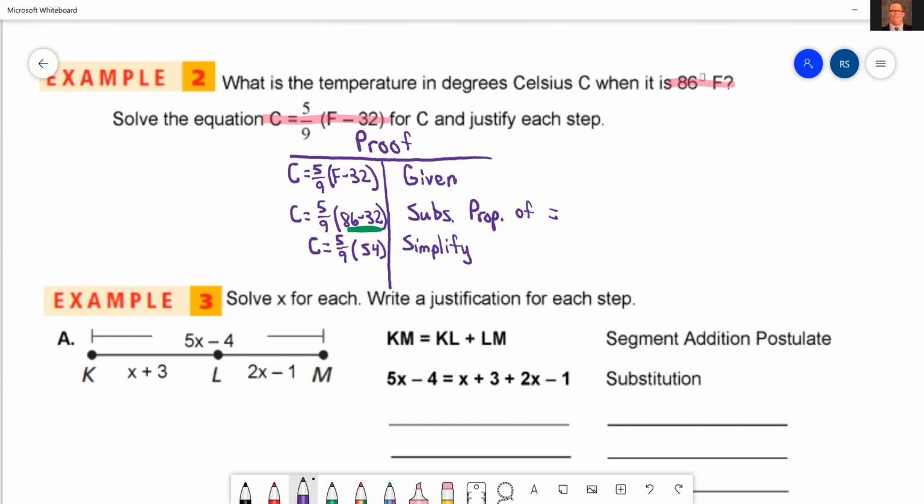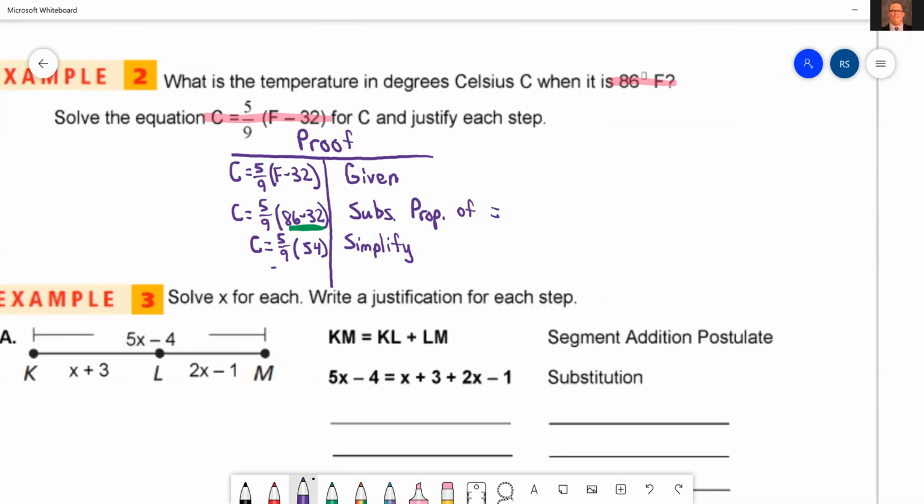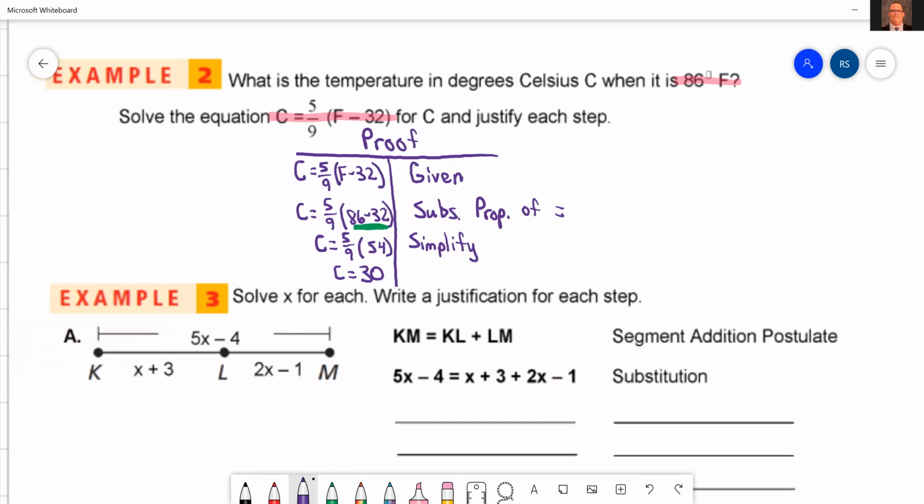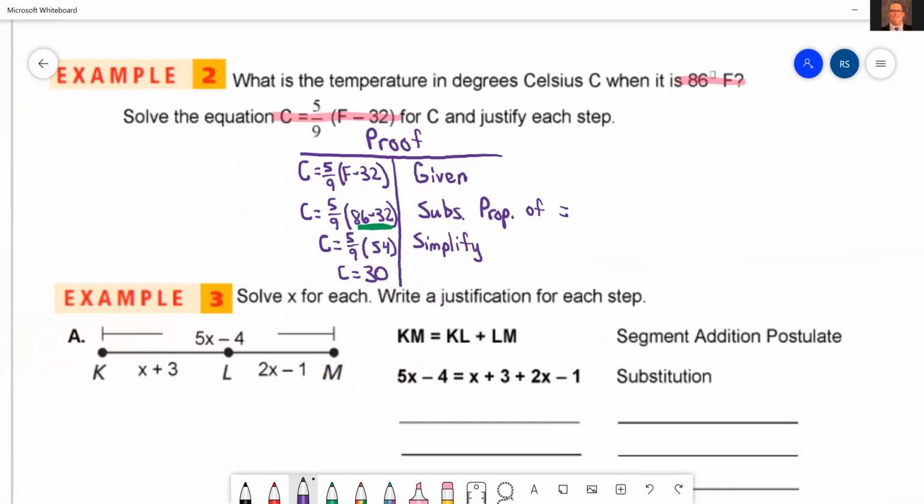And then last but not least, looks like we've got to multiply 5/9 times 54. So that means C equals 30. Again, did we do anything on the C side?